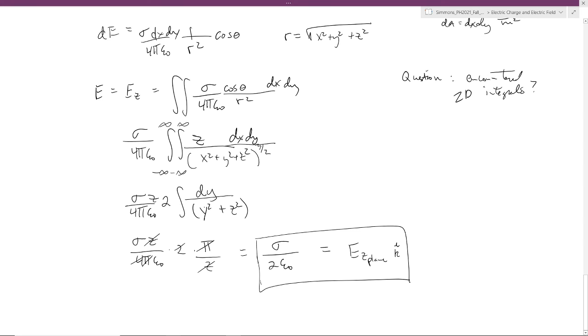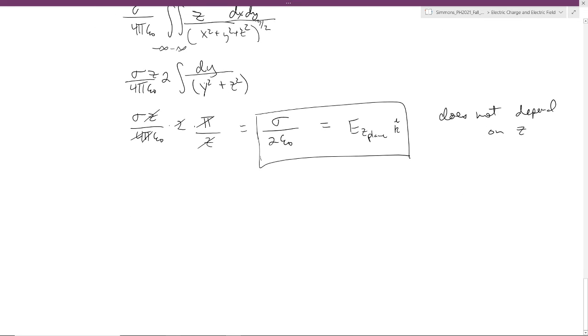Notice we were talking about functional dependence with the point charge and the wire. This doesn't depend on how far away you are at all. So this is pretty neat. It does not depend on z or r or whatever you want to call it. In other words, this is constant.